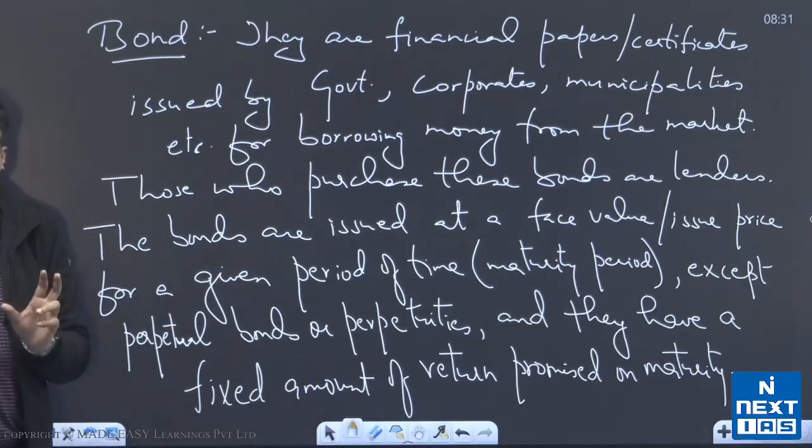All right. There is just one exception to that. There are particular types of bonds called perpetuities. These bonds never mature, they keep getting transacted.